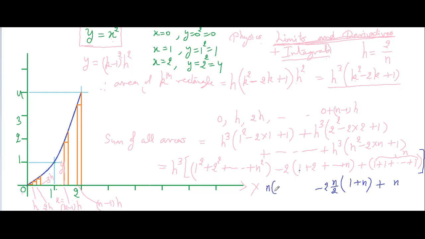In plus one we will be in the chapter of AP, GP, etc. In the 10th class we have done only AP, but in the 11th class we will be doing AP, GP, etc., so many kinds of sequences. There this will be studied. This has the formula, you can note it down. The sum of the squares of the first n natural numbers, that is 1 square plus 2 square plus and so on n square, is this much divided by 6. So this multiplied by h cube.